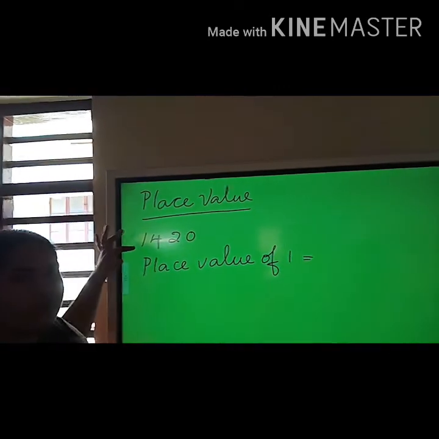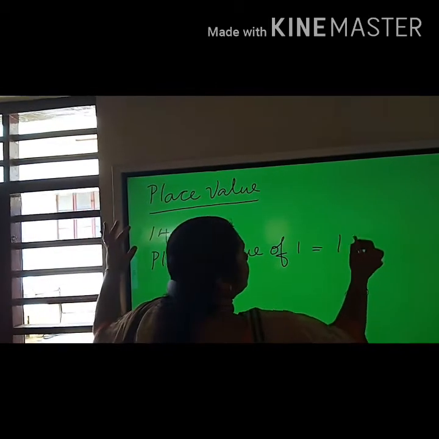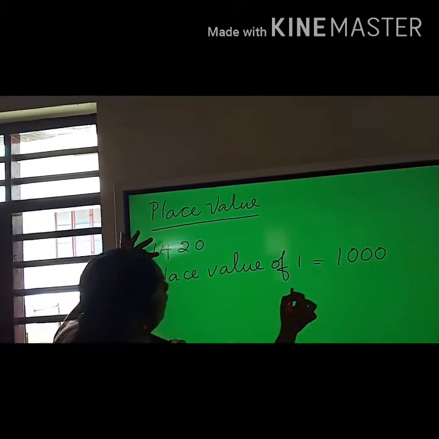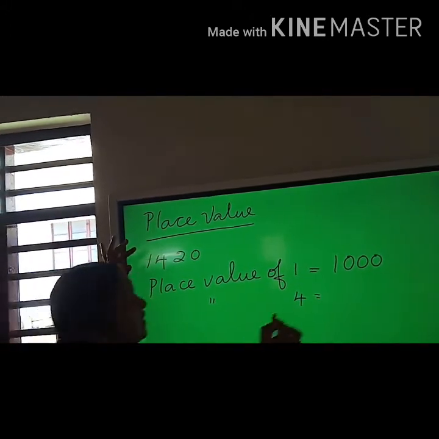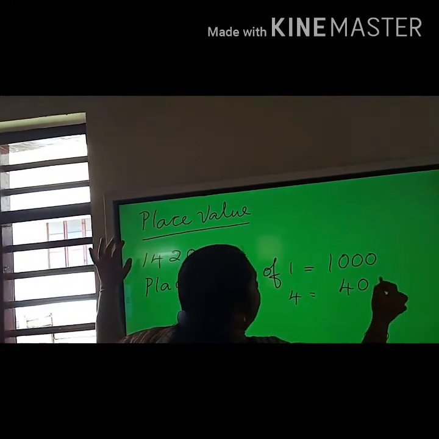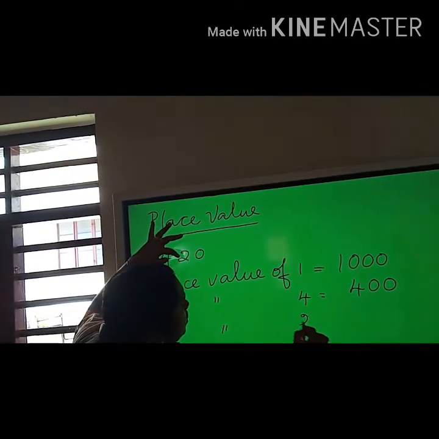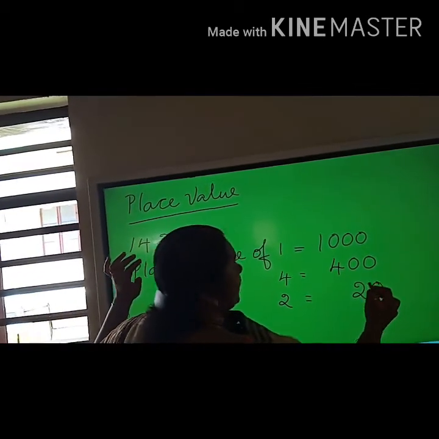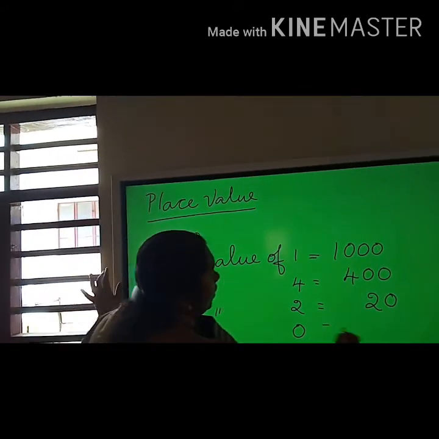What is the place value of 1? 1 is in the thousands place, so 1000. The place value of 4: 4 is in the hundreds place, so 400. What is the place value of 2? 2 is in the tens place, so 20. And the last one, the place value of 0 is always 0.